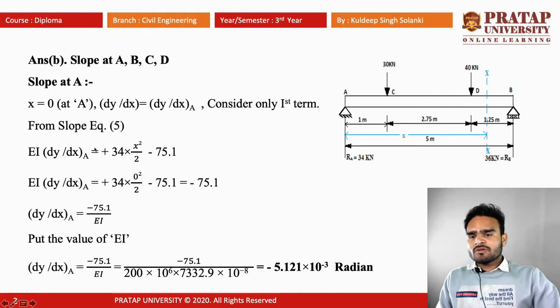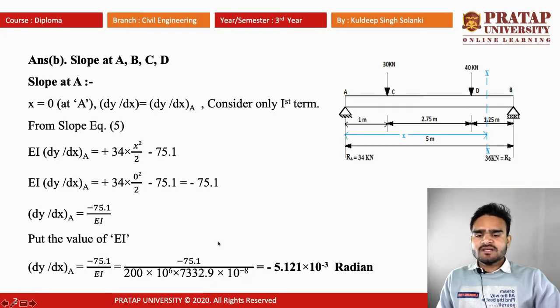Putting x equal to 0 and solving this equation, we get the value minus 75.1. EI is a constant, so we transfer it to the downward side and put in the value of EI, which is given in the question: E is 200 into 10 power 6, and I, the moment of inertia, is 7332.9 into 10 power minus 8.